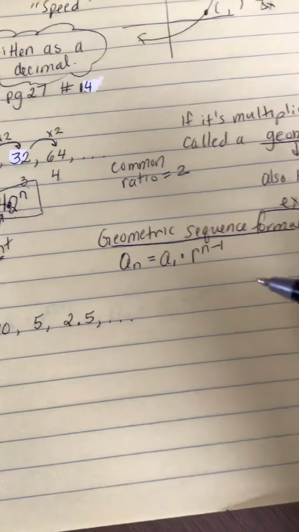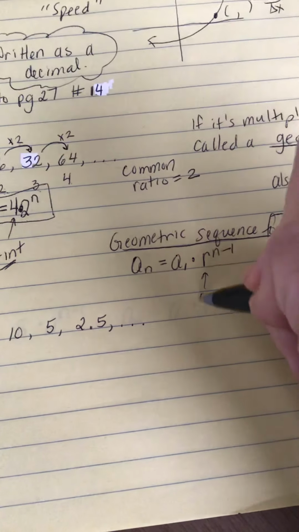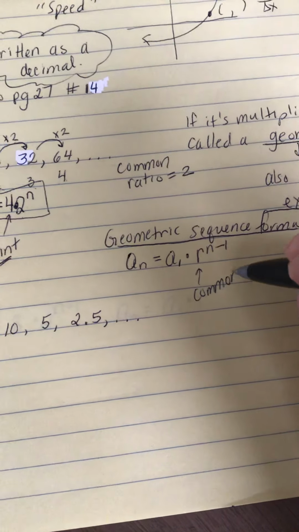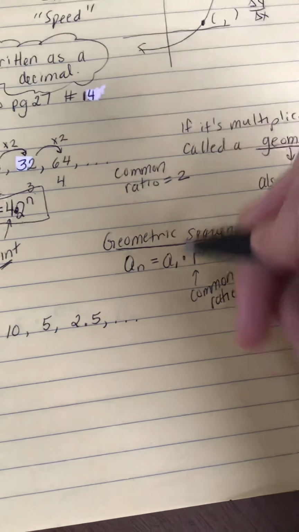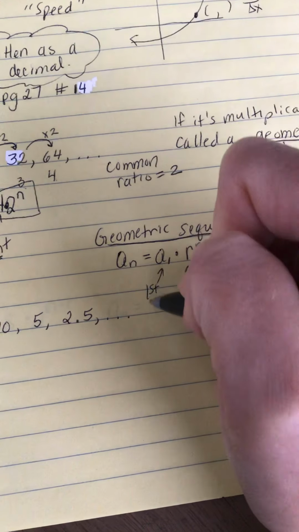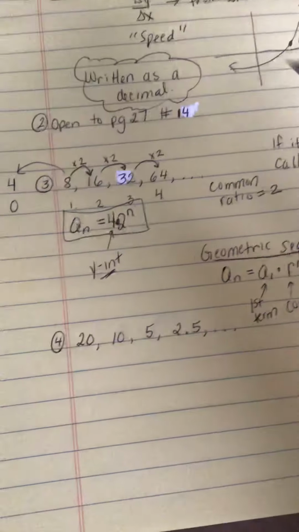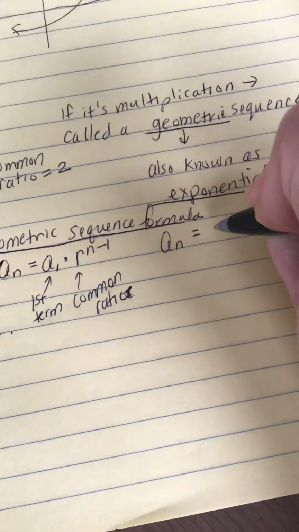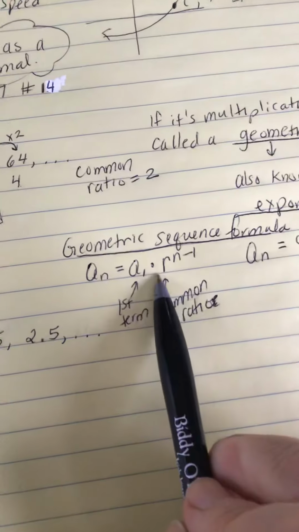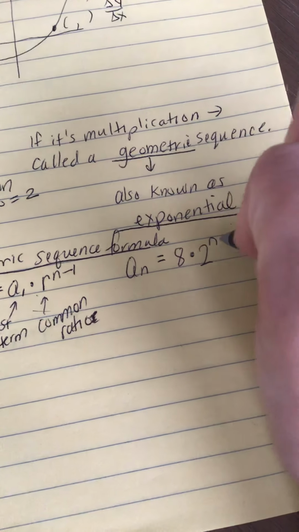Just like you did in the arithmetic. Remember the n minus 1 in the parentheses? Same idea. That's your common ratio, and that's your first term. So let's write it. A sub n equals, first term is 8, times your common ratio, your r, is 2. And you just put n minus 1.